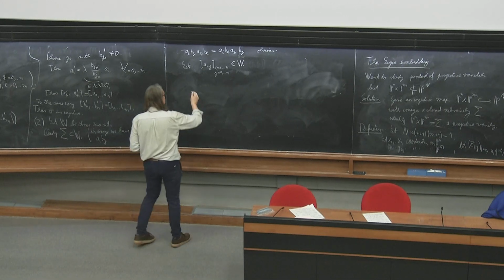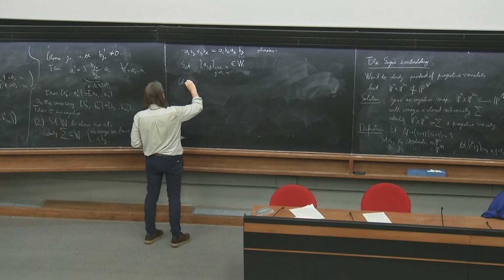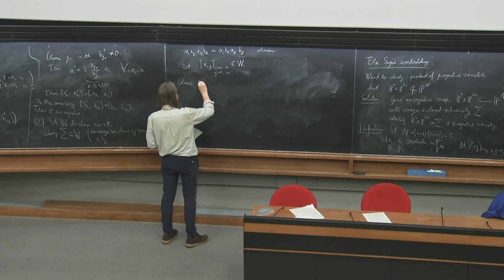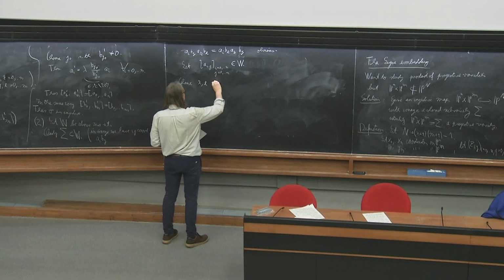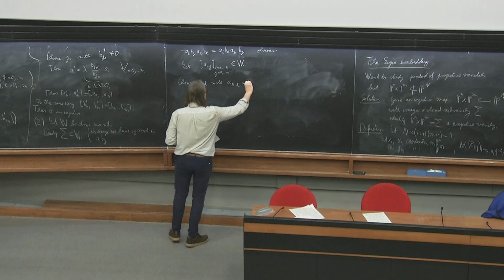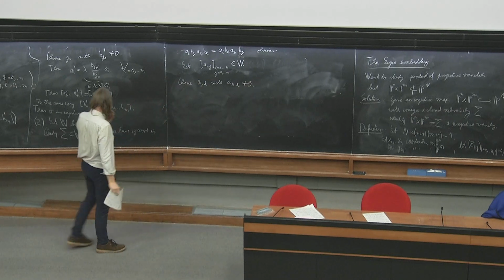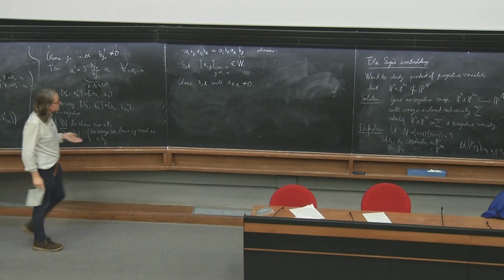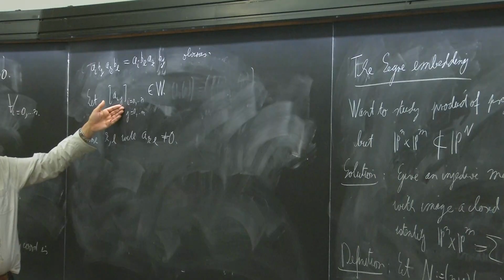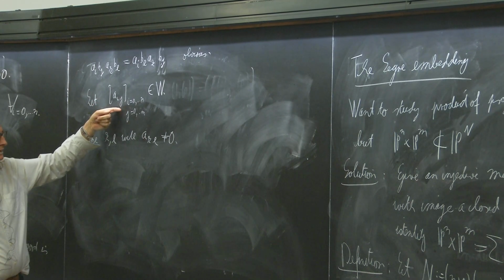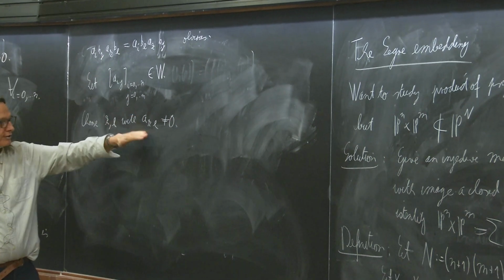So let's just choose some indices k, l with A_kl not 0. We are in projective space, so certainly a class in projective space corresponds to a non-zero vector, so one of the coordinates has to be non-zero.